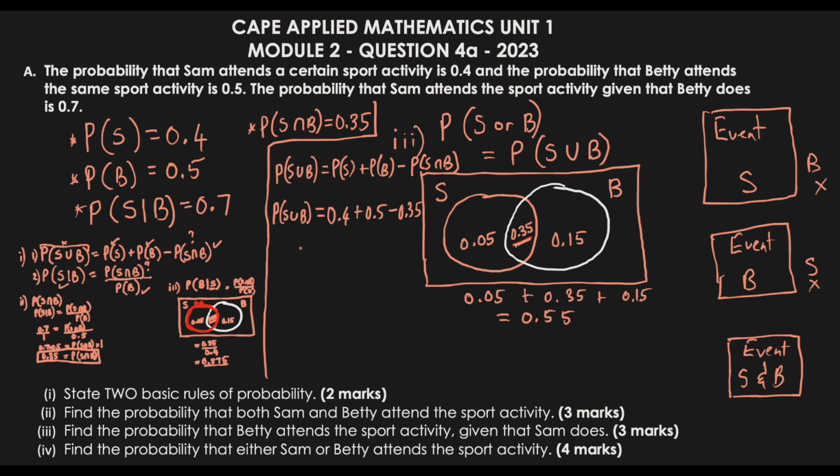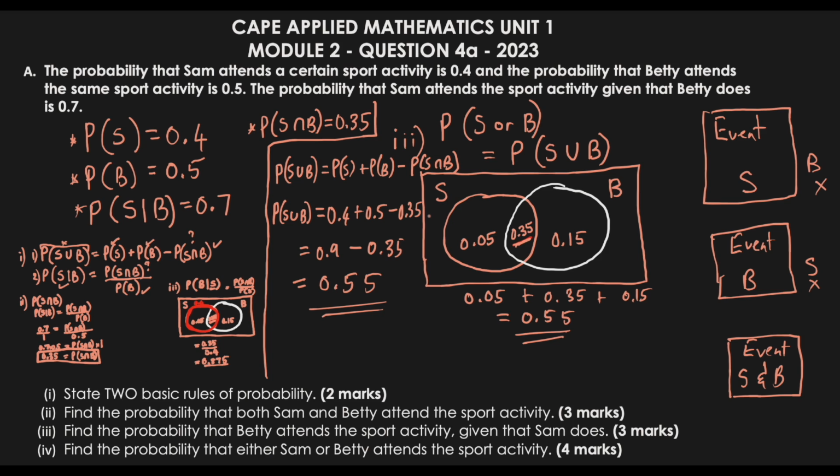When we work this out, 0.4 plus 0.5 is 0.9 minus 0.35, and this would be equal to 0.55. So as you can see, I used two different approaches to calculate the same answer. Whichever one suits your understanding, this is what you would have to do.